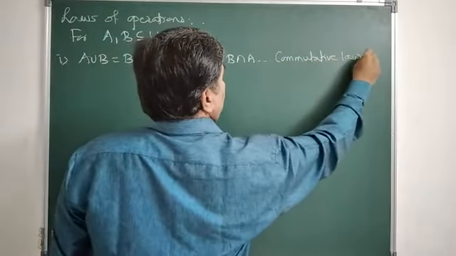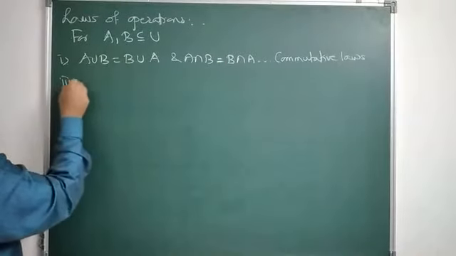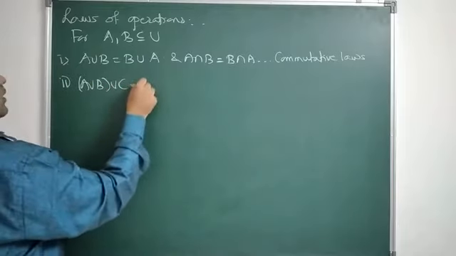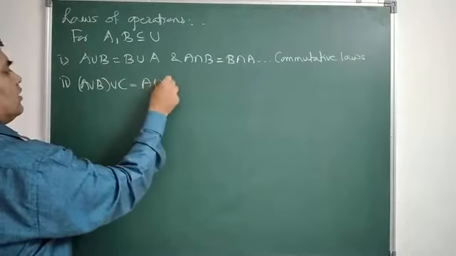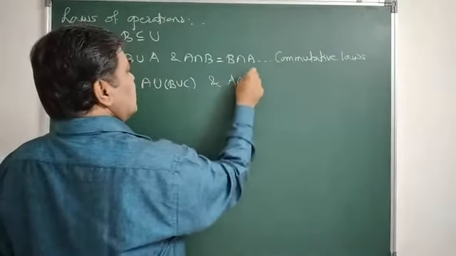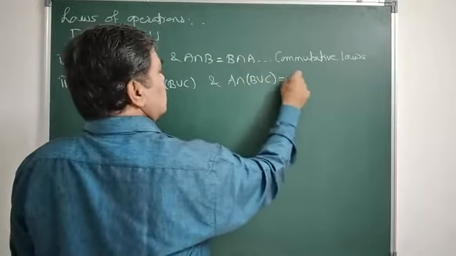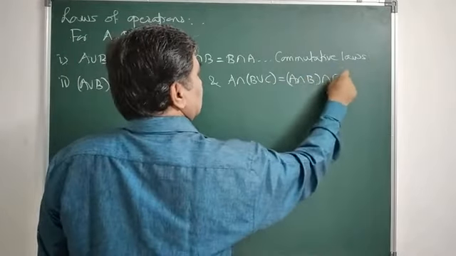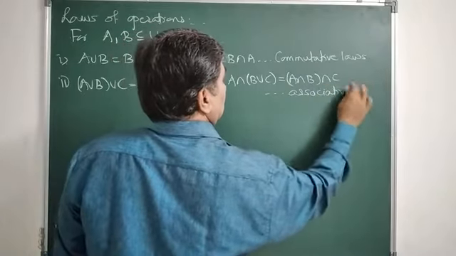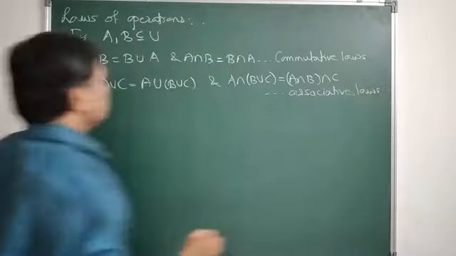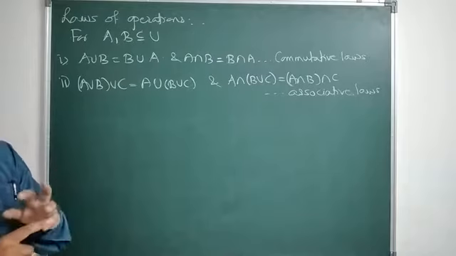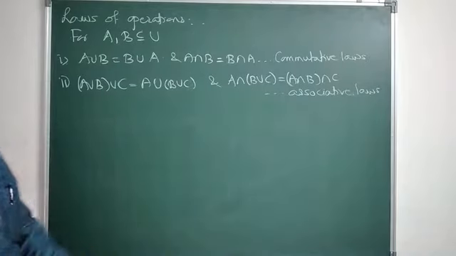Second, A union (B union C) is equal to (A union B) union C, and A intersection (B intersection C) is equal to (A intersection B) intersection C. These are known as associative laws. Union and intersection are commutative and associative operations on the collection of subsets.